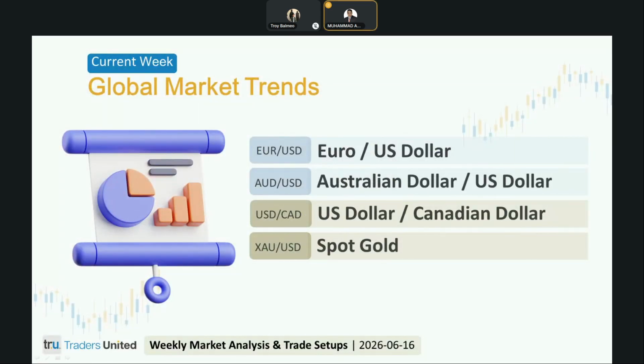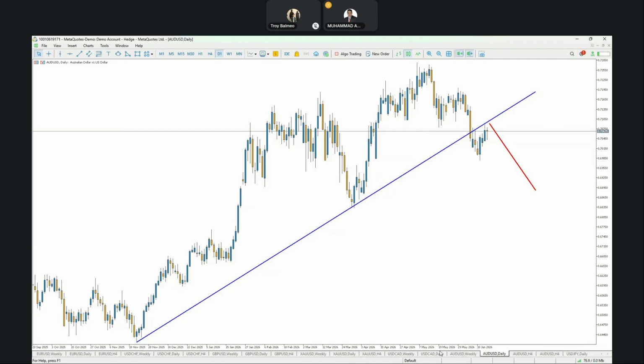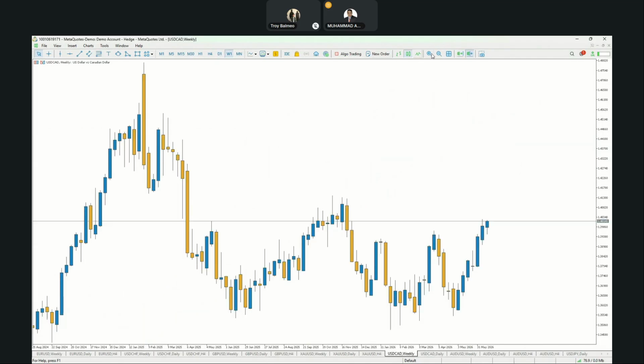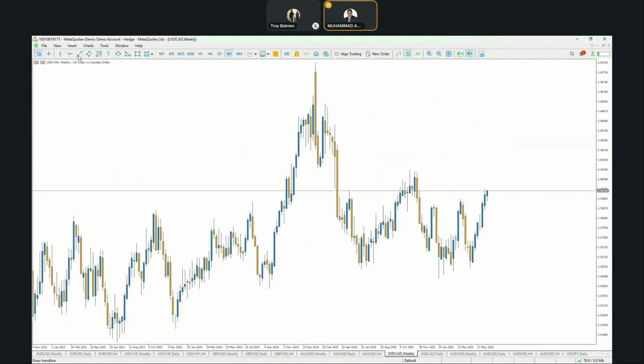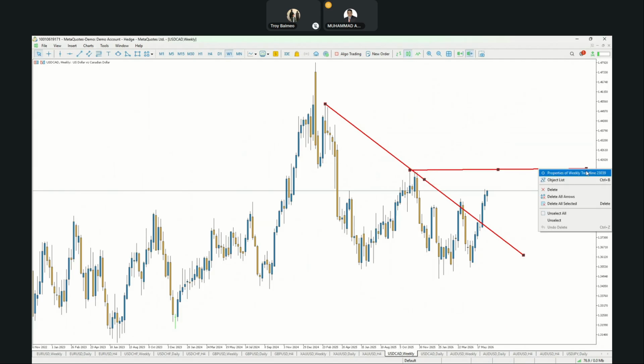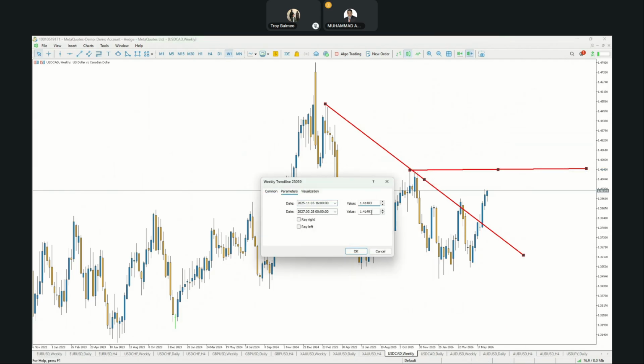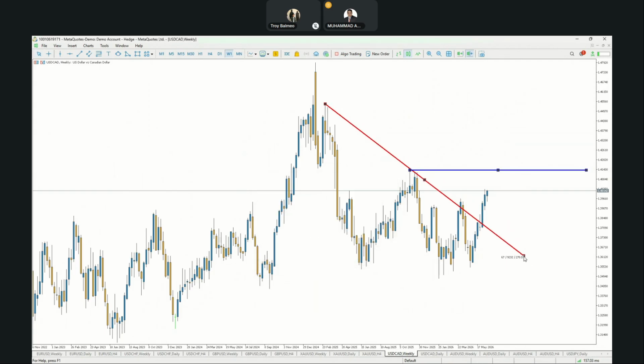Next one is the USD CAD. On a weekly time frame, this is kind of a breakout over here, which might fail. Here's the resistance. So if price action manages to break above this resistance area, then obviously it might go up even further.